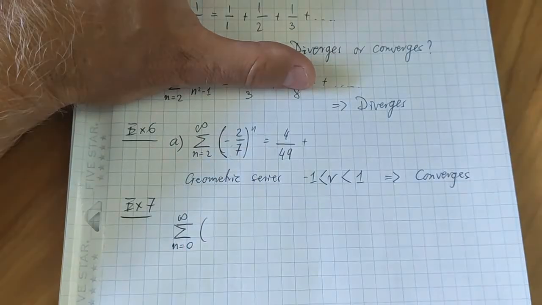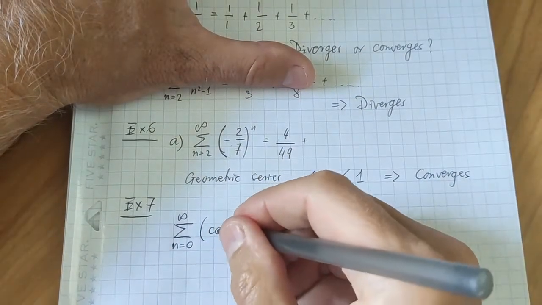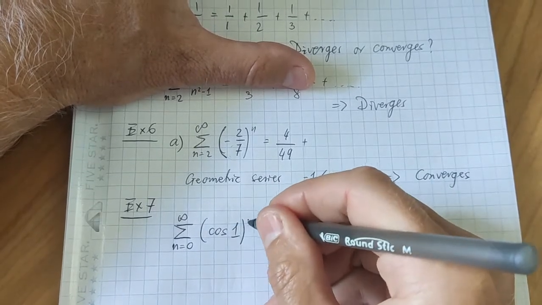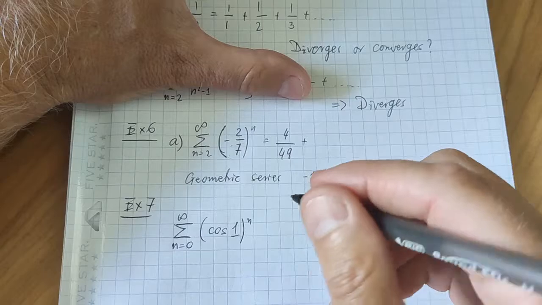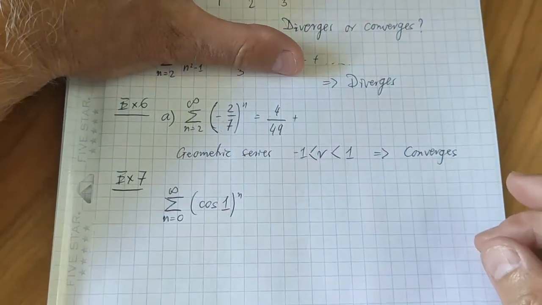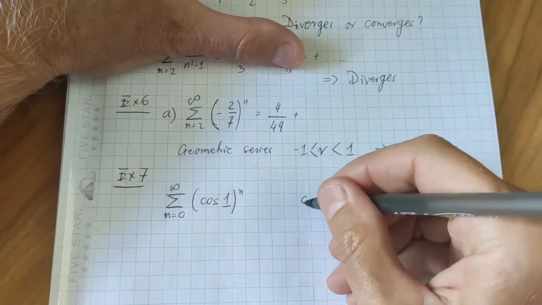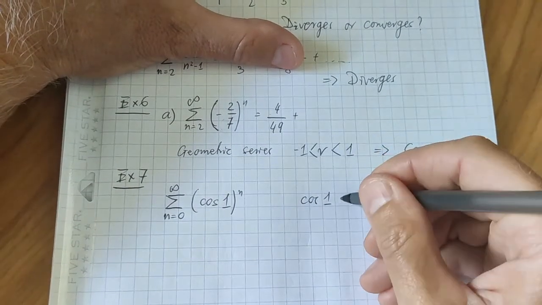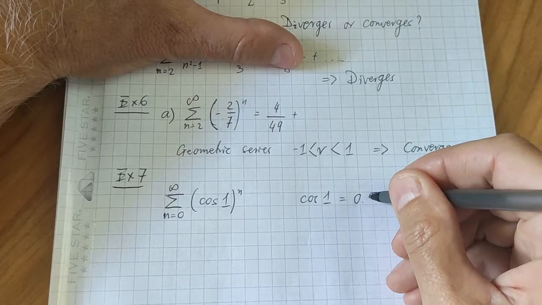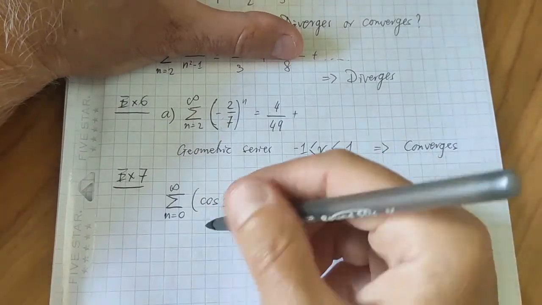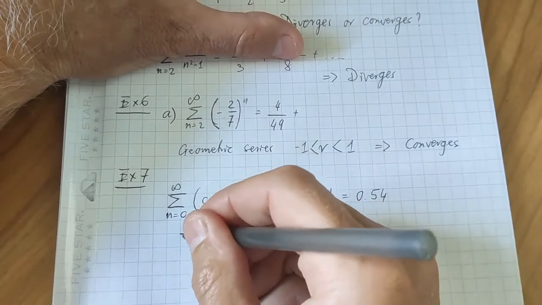And this time we have a trigonometric function here, cosine of 1 to the power of n. Alright, so how can we analyze it? Well, this is simply a number. So cosine of 1 is equal to about 0.54.